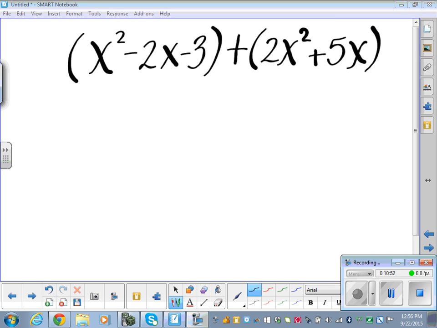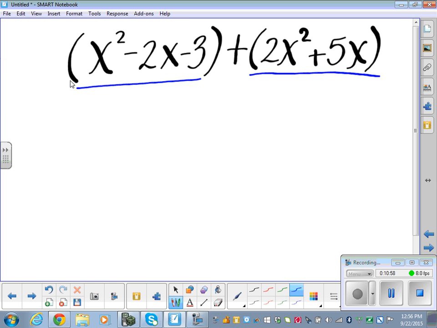All right, we're going to go through and combine like terms in this one. Looking at this, notice we have this polynomial added to this polynomial. Even though we have these parentheses, because we are adding, we can just pretend those parentheses are not there, and we can combine like terms.